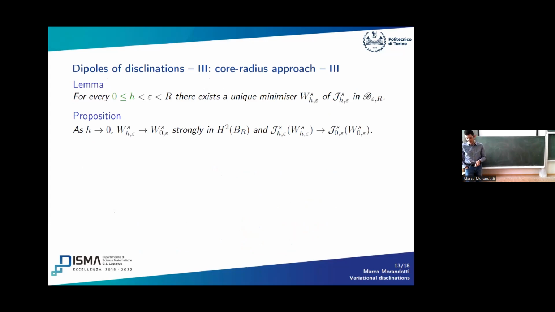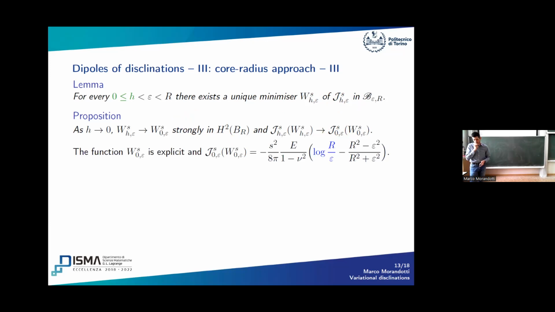So basically, we can prove that if we take a minimizer of this rescaled energy, where the h is still strictly positive, so the dipole is still there, and we look at it in a core of radius epsilon, which is bigger than h, so starting from some multiples of h, maybe different orders than h, it doesn't matter, it needs to be just larger, then we have the minimizers, that are unique because we can prove that they are unique, converge strongly in H2 to the minimizer of the functional corresponding to the fact that h has collapsed to 0. And then we can compute the energy explicitly.